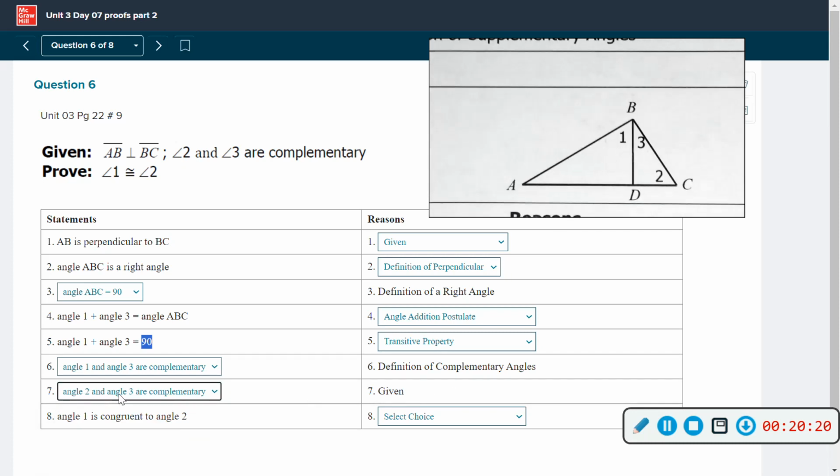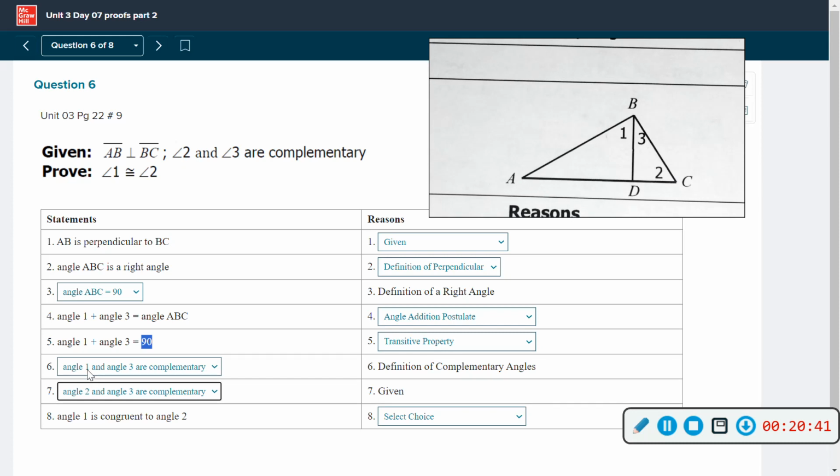Okay, now what changed from here to here? So going from 7 to 8, we still had angle 2. And so this is not enough. If you can't jump straight from 7 to 8, maybe you need 6, 7, and 8. So let's check this out.